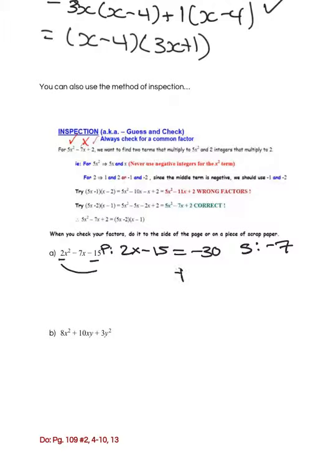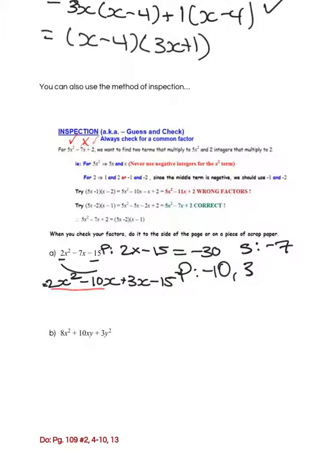And those two things will be negative 10 and positive 3. Okay. So I'm going to do decomposition, so I'm just going to do equals 2x squared minus 10x plus 3x minus 15.